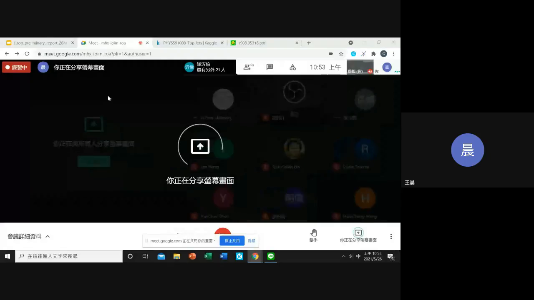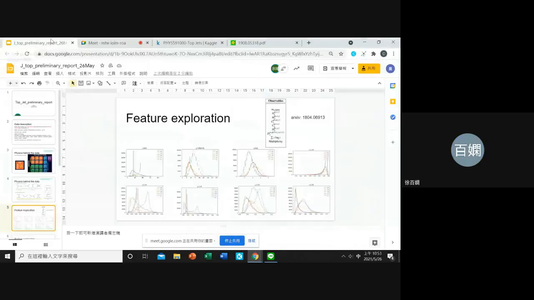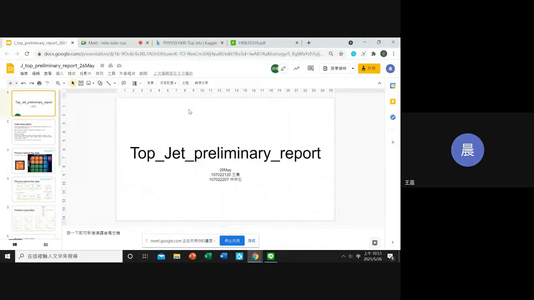Or you want to use my screen? Okay, I use your screen. Can everyone see my screen? Yes, I can see your screen. Okay, Zhongwen will first present. Okay, go ahead.